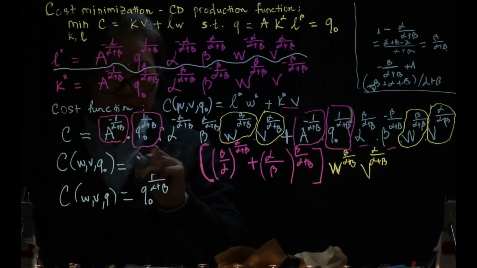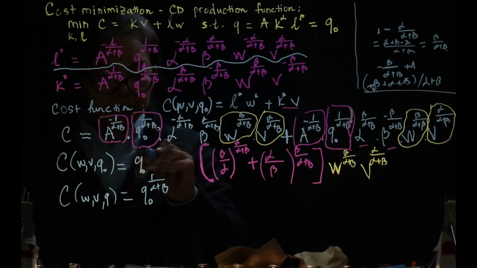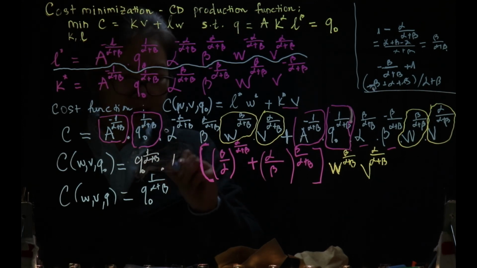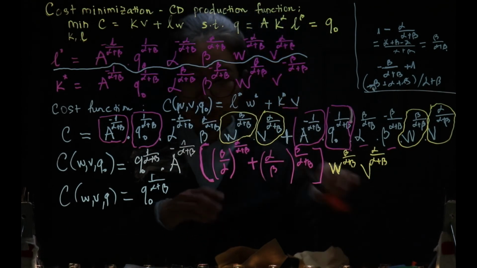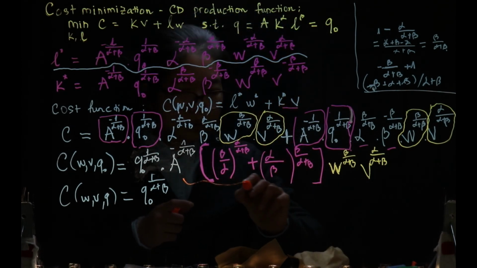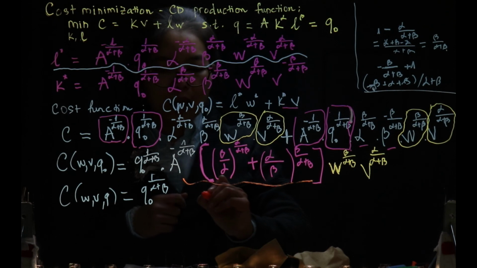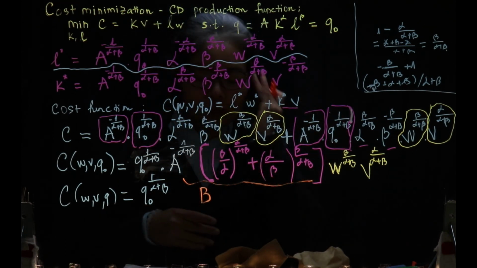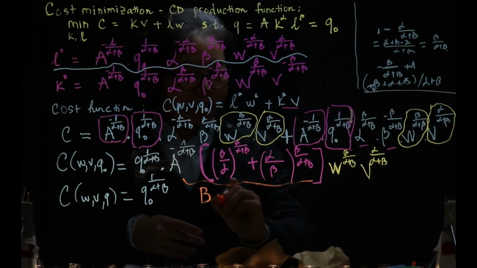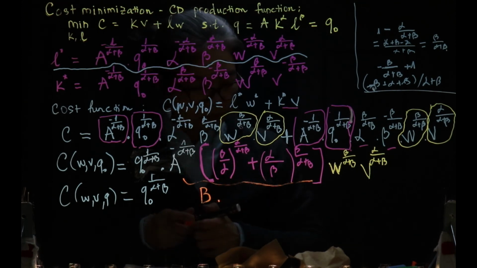Okay, so that is Q0 to the power of 1 over alpha plus beta, plus A to the power of minus 1 over alpha plus beta, because I wanted to group everything in one constant B, so that it doesn't look crazy all the time.